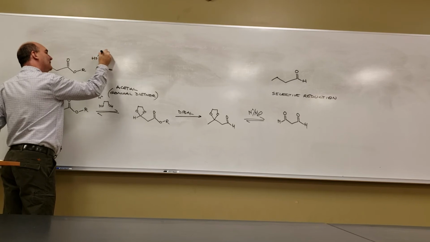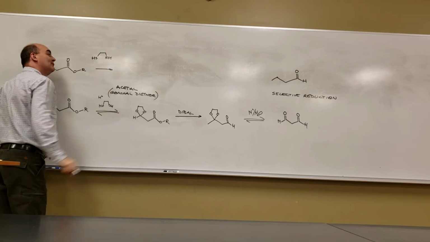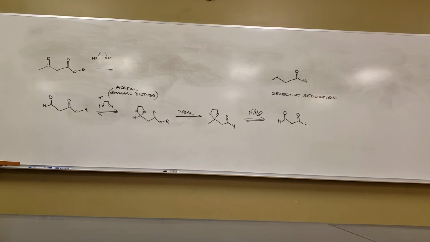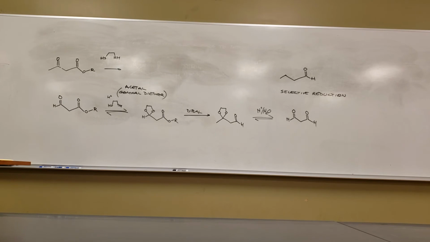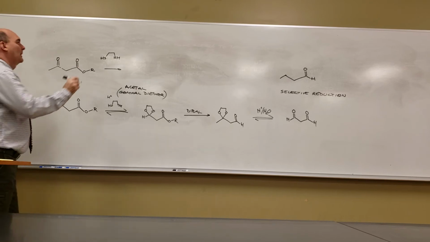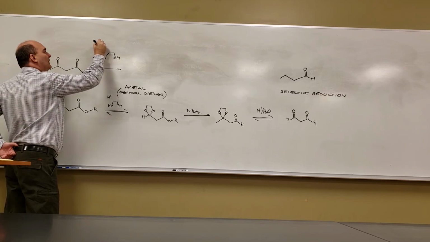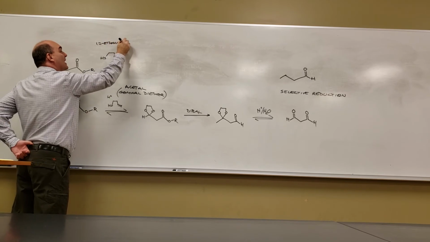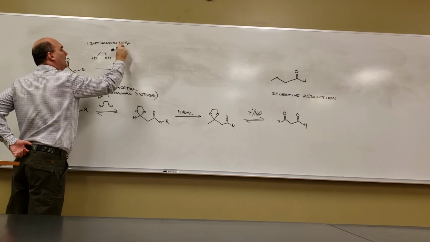If I replace the oxygens with the atom that's below oxygen in group 6, 16 if you're an inorganic chemist, with sulfur, I make 1,2-ethane dithiol.